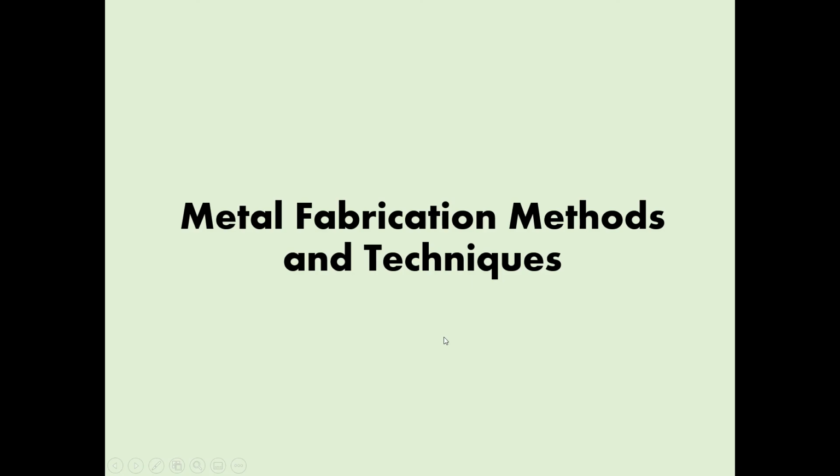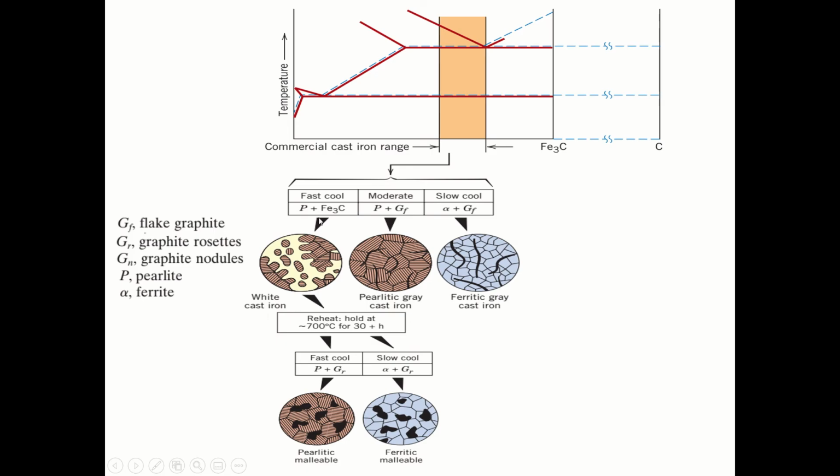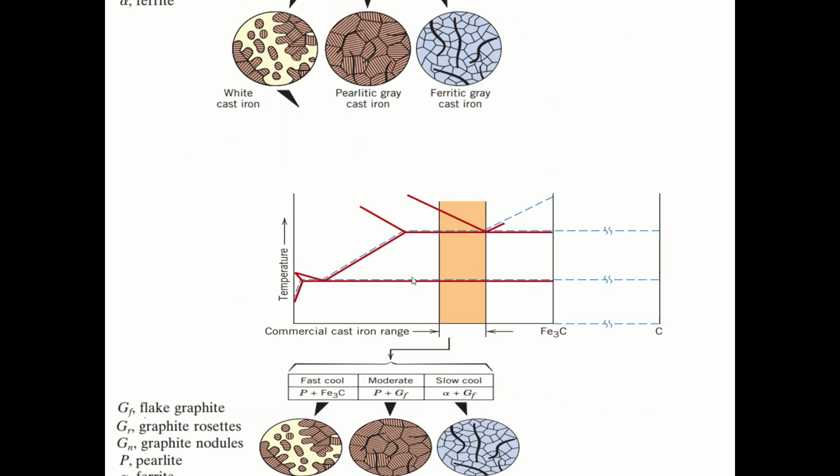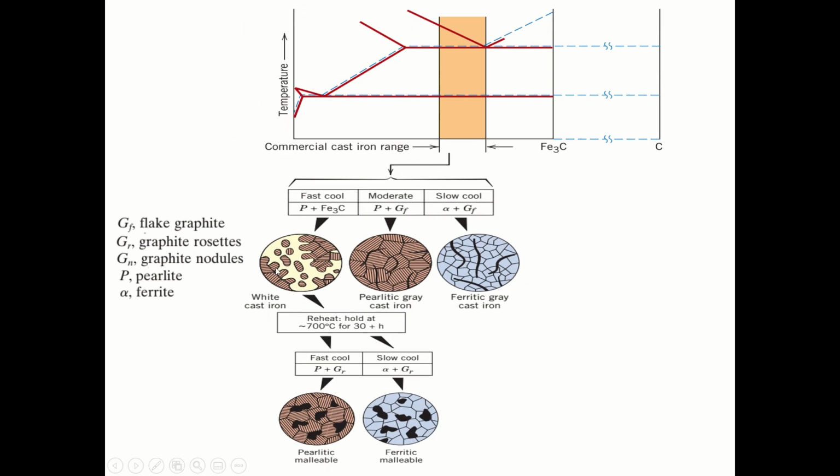Then white iron reheat: you fast cool and then heat it again to 700 degrees Celsius to sustain the ferrite to martensite, and then fast cool or slow cool. Very interesting.